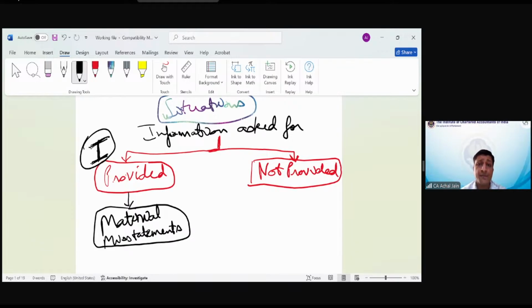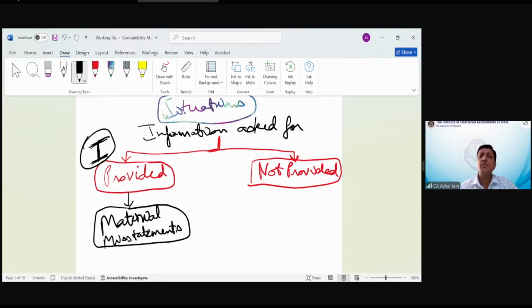In this case, do you think there will be any challenge on the part of the auditor to quantify the material misstatements, to get into the analysis of the material misstatements? Do you think there will be any sort of ambiguity in this first situation?